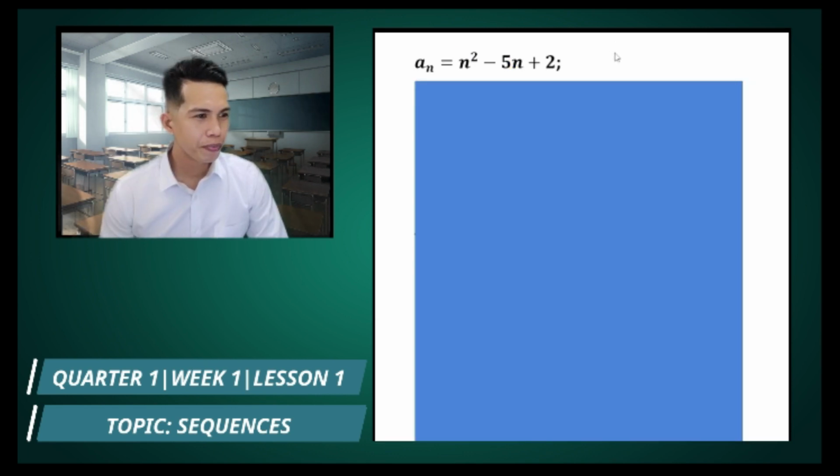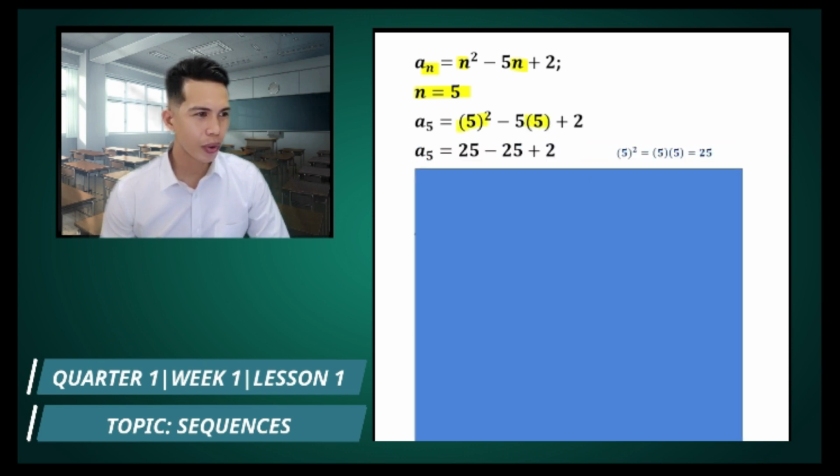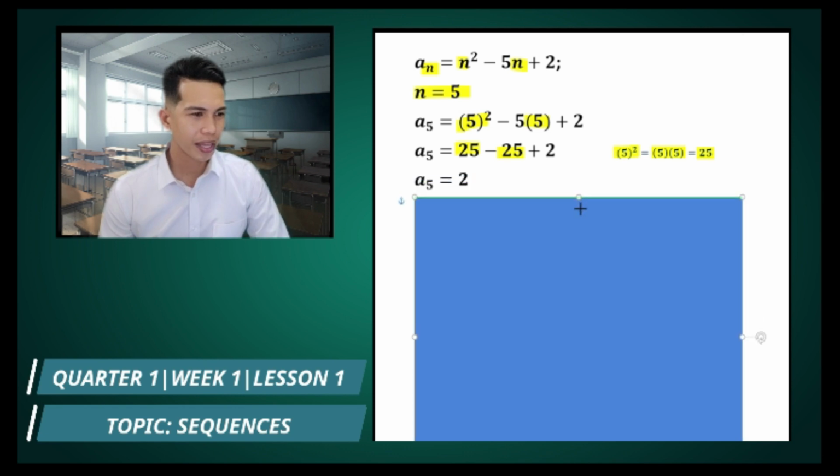For the fifth term, we will assign n equal to 5. Therefore, substitute all the values of n by 5. We have 5 squared minus 5 times 5 plus 2. Simplify. 5 squared is equal to 25, since 5 squared equals 5 times 5, that is 25. Minus 5 times 5, 25, plus 2. Simplify.